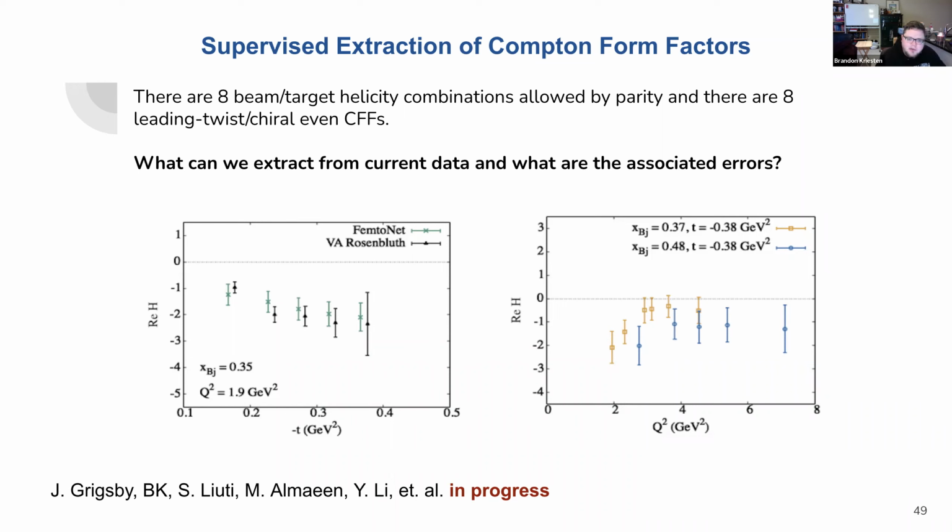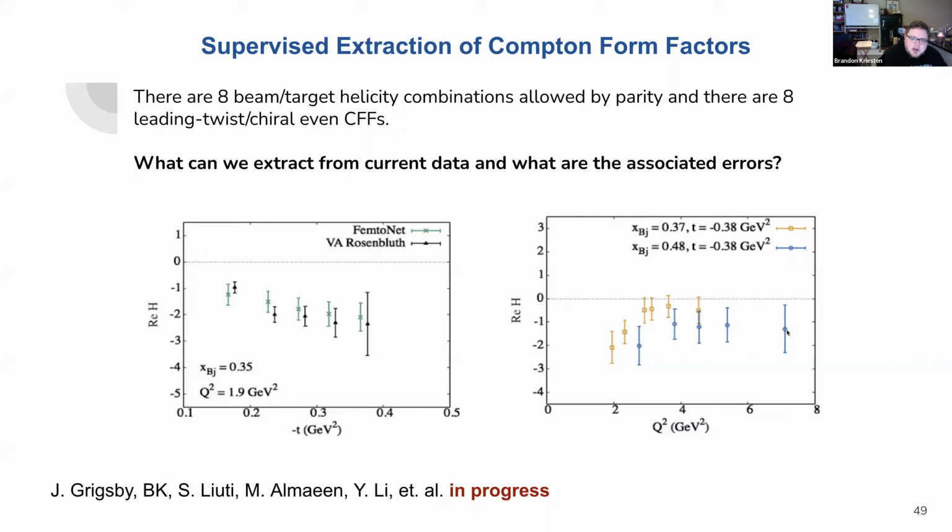So we need to ask ourselves the question, how much information can we extract from single polarization observables? And this is what we did. So for instance, we took the unpolarized cross-section and we tested, using a neural network, what values of real H one could extract from this kind of global perspective.